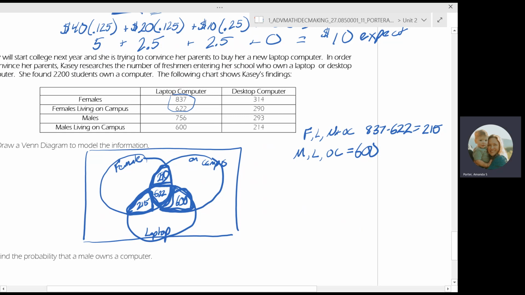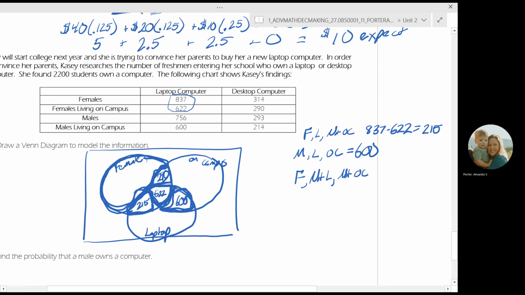All right, now let's work our way maybe out here. Let's just talk about this part. This part is females, not laptop and not on campus. So this is females, not laptop means desktop, and not on campus.